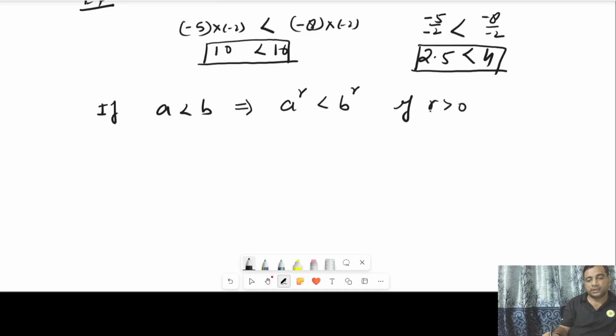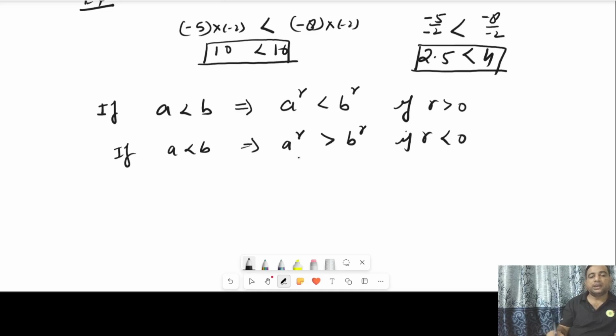If you take a positive real number, the inequality remains unchanged, meaning less stays less. And if A is less than B, it implies that A power R is greater than B power R if R is negative. It is the most important rule of inequality.